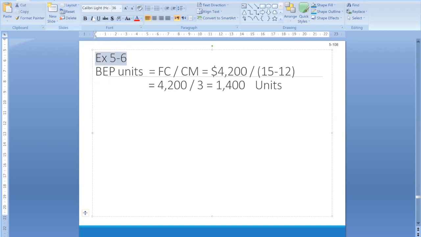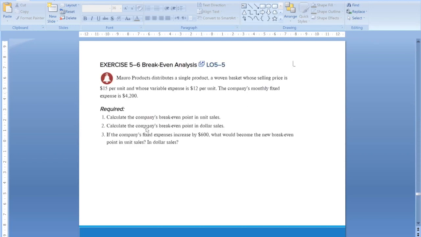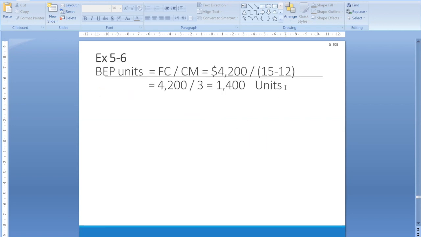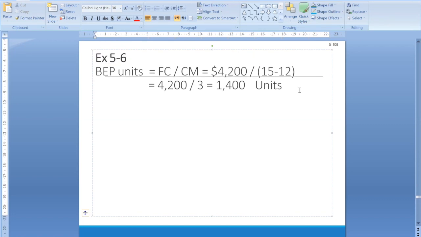Number 2, calculate the company's break-even point in dollar sales. In dollar sales, we need to use the ratio, not the contribution margin.